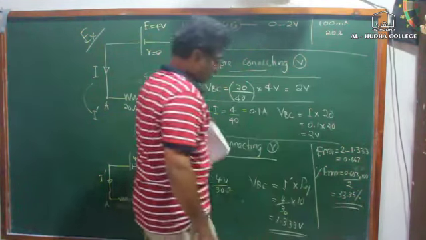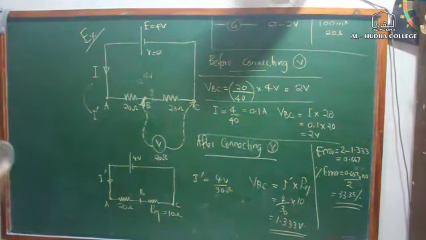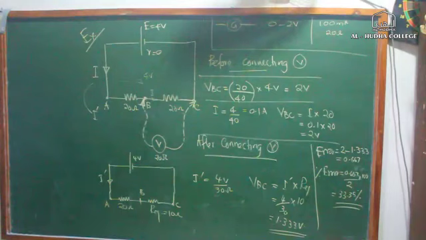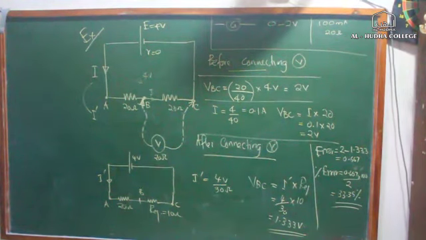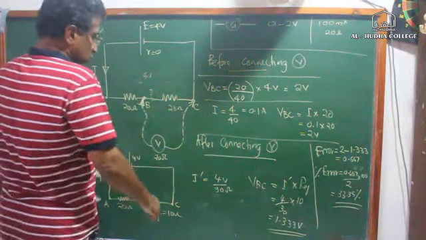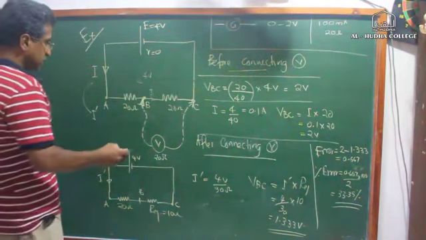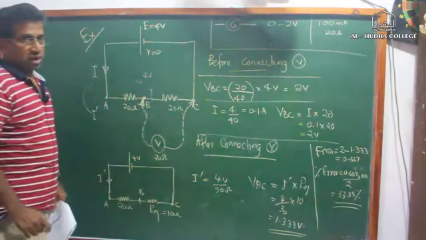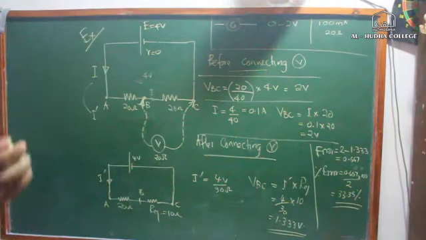So 33% error is a very high error, right? The idea here is, because we are connecting a voltmeter in parallel, our circuit is loaded, and because the circuit is loaded, we are getting an error.